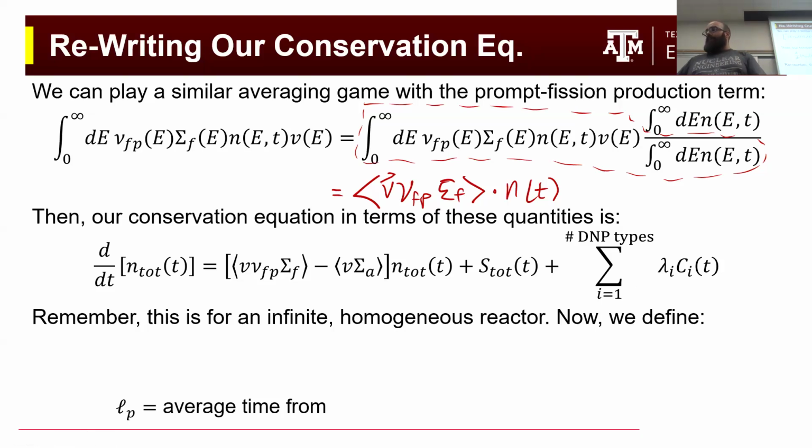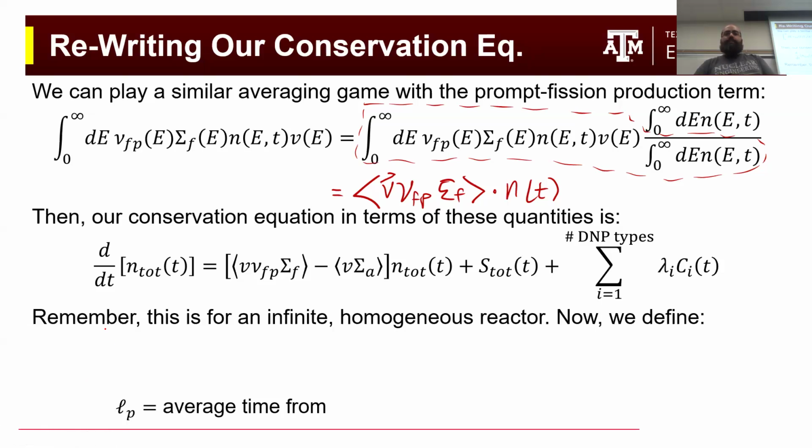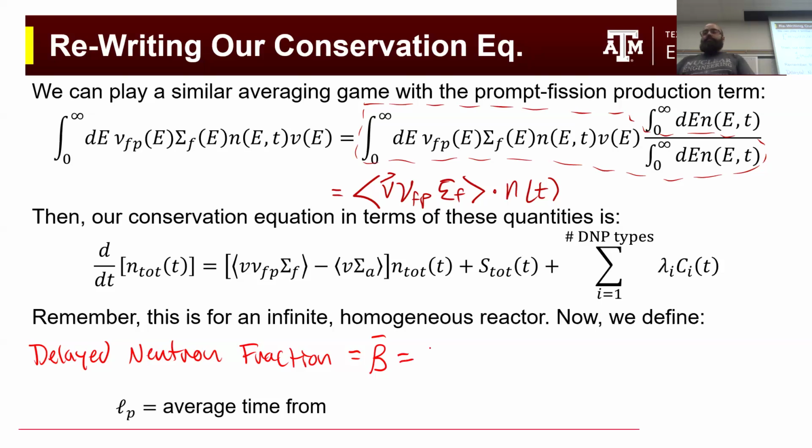So once we get to here, we just need to define some terms to simplify the result. One thing that we're going to define is the delayed neutron fraction. We use the symbol beta for the delayed neutron fraction, and I'm going to put an overbar on top of it because technically it's representing the effective delayed neutron fraction.